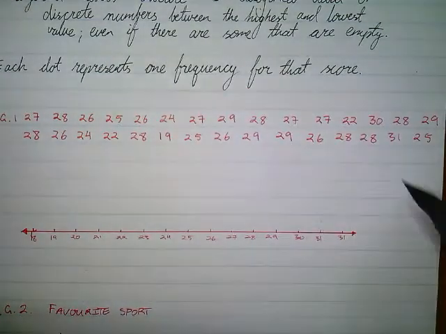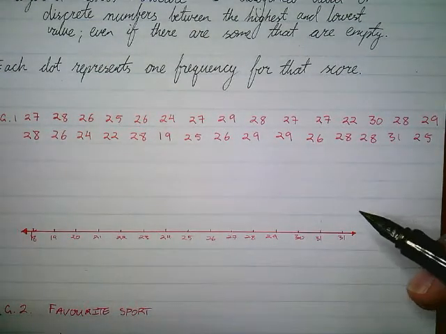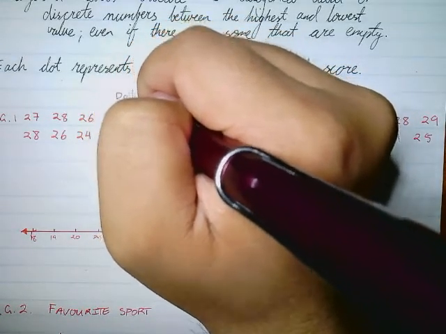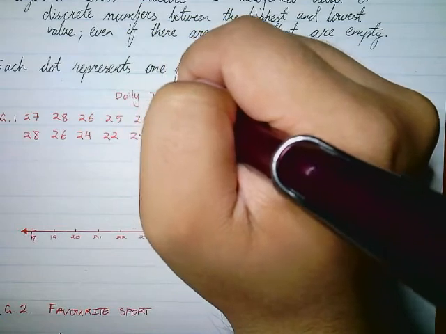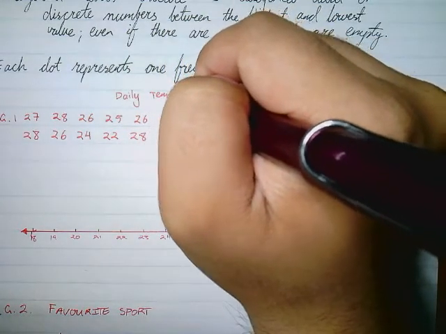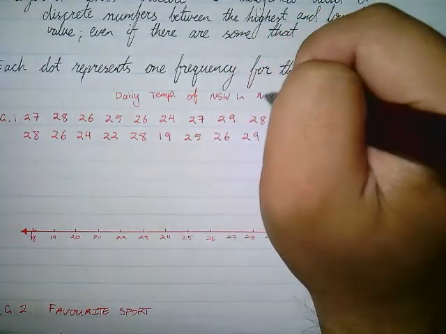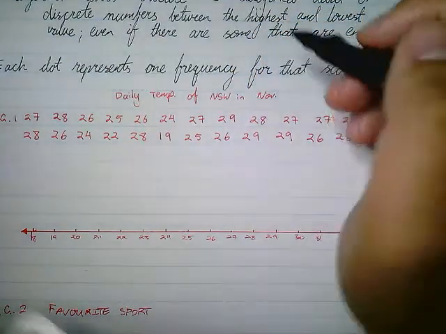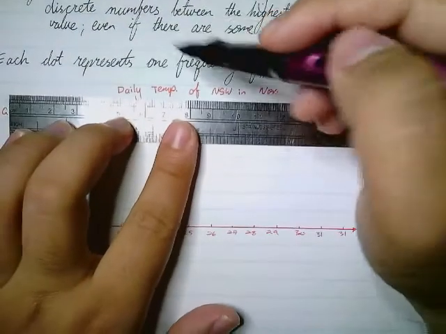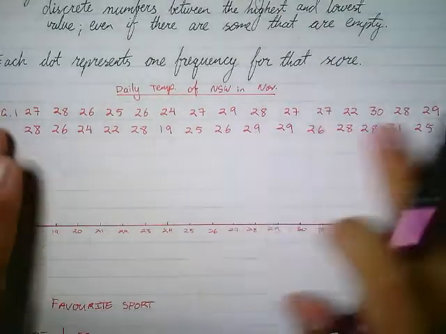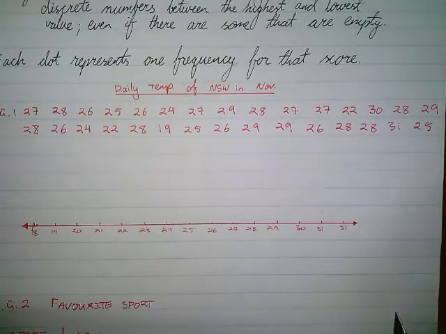Now let's just pretend, as we all know, we have to give a label to all values here. So let's take, for example, this is the daily temperature of New South Wales in November. Let's just say that this is our heading here. Since that is our heading, whatever this data represents, we have to label our axes.